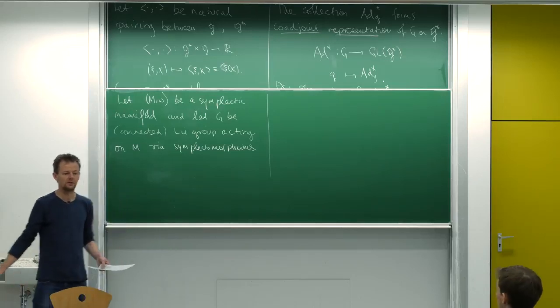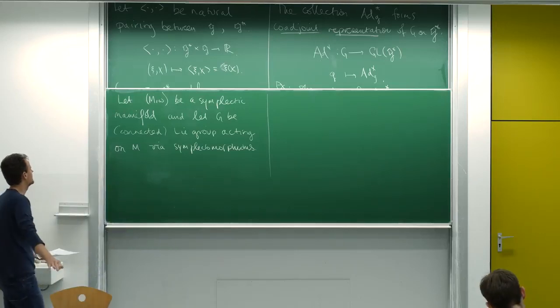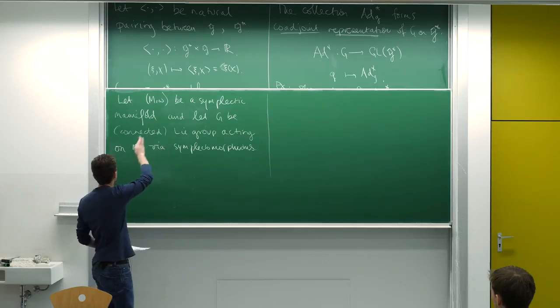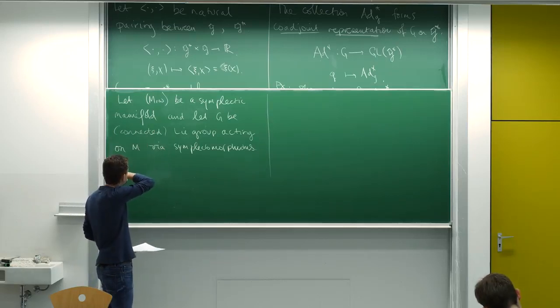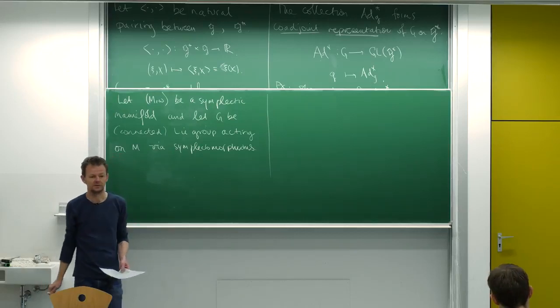So we go back to this general setting where we've taken phase space and replaced it with a symplectic manifold, and we're letting G be some Lie group acting on M via symplectomorphisms.